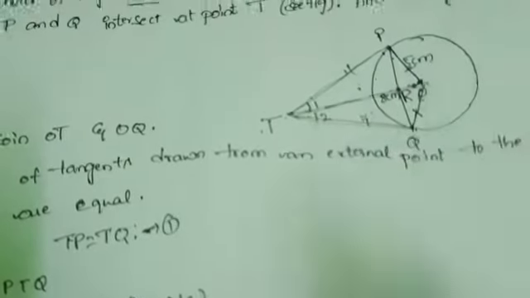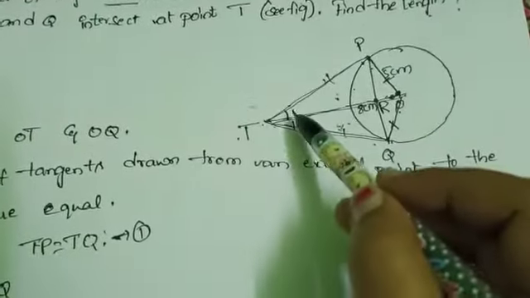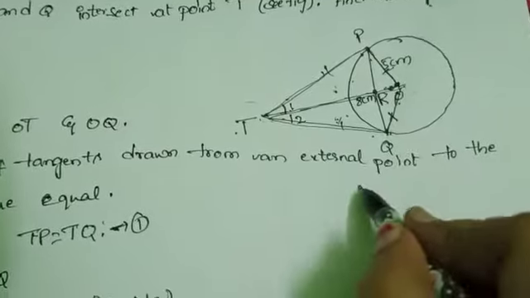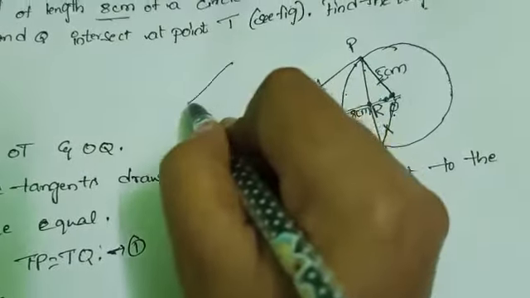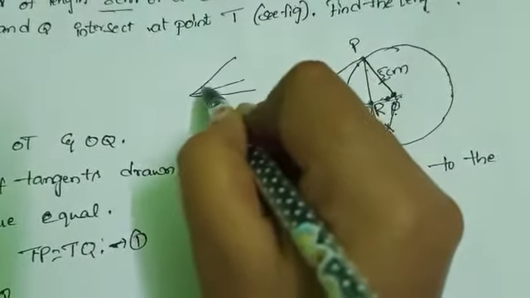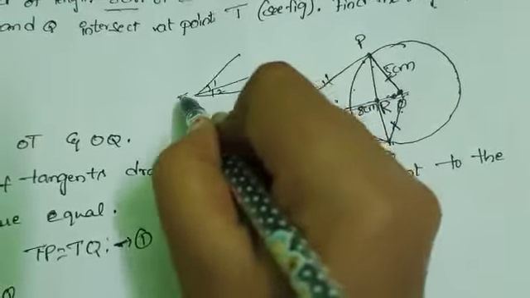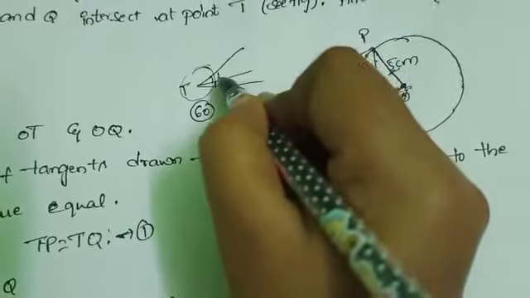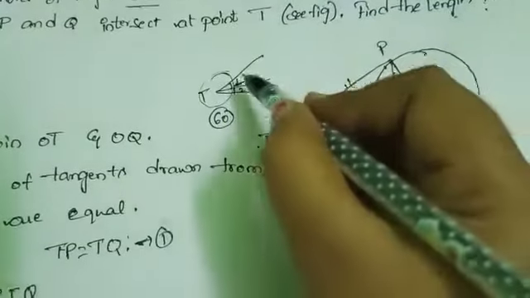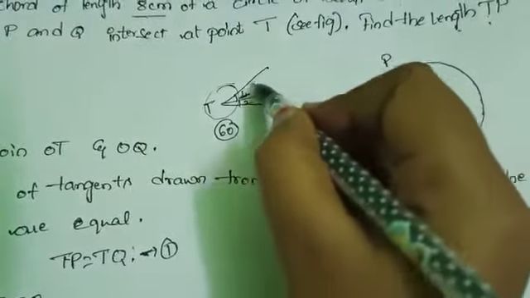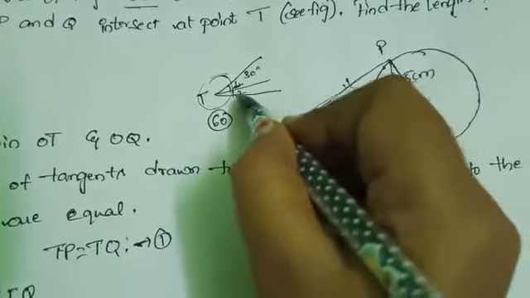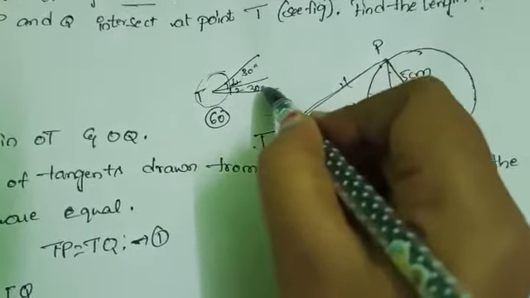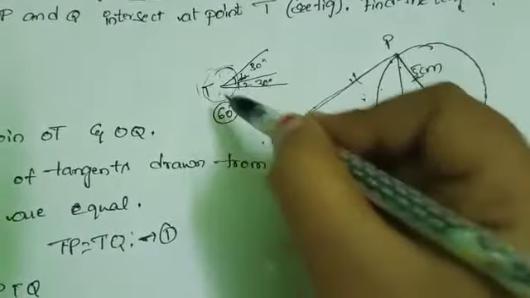Here angle 1 equal to angle 2. Suppose the total angle is 60 degrees. What is the value of angle 1? Angle 1 equal to 30 degrees, angle 2 equal to 30 degrees, total angle equal to 60 degrees.